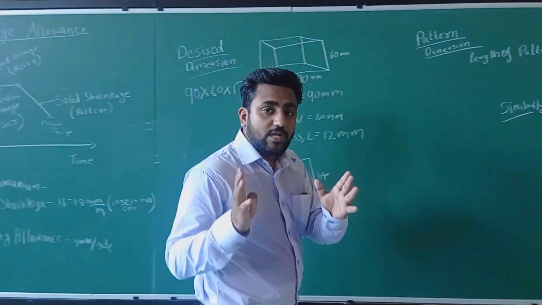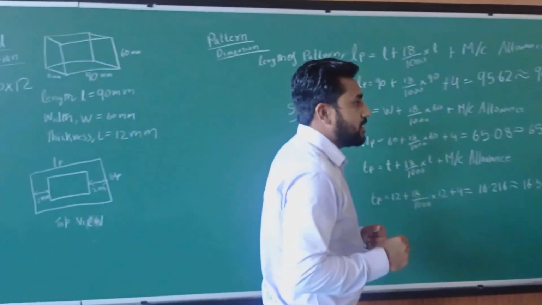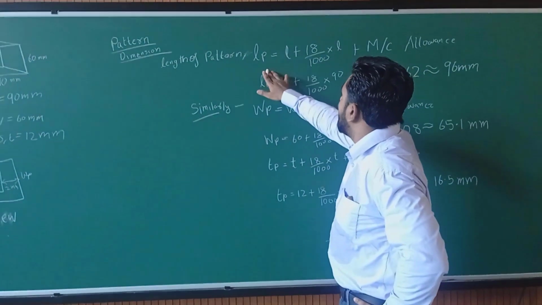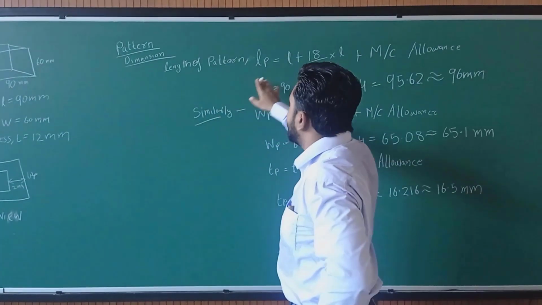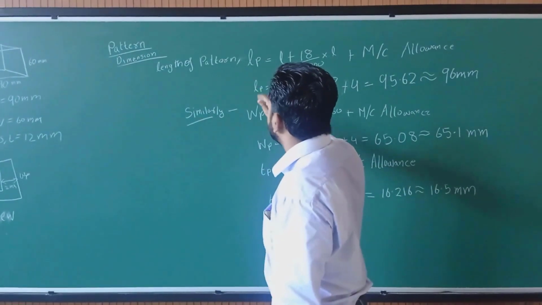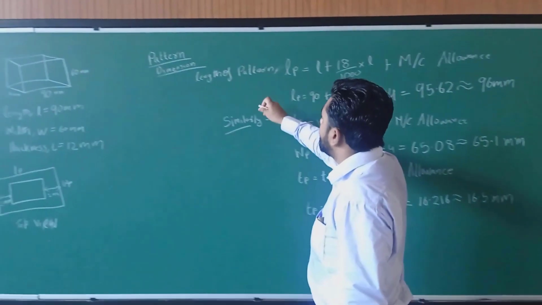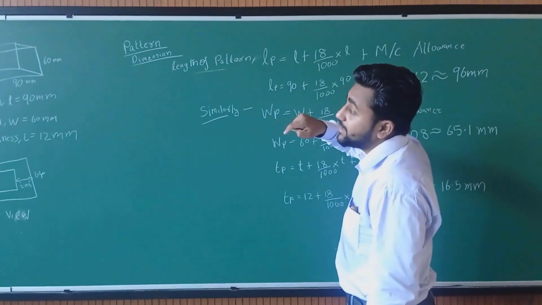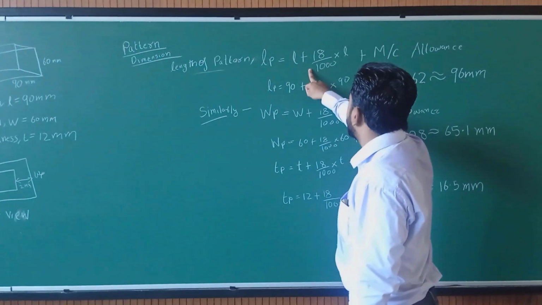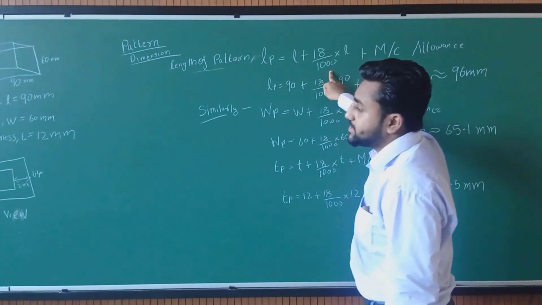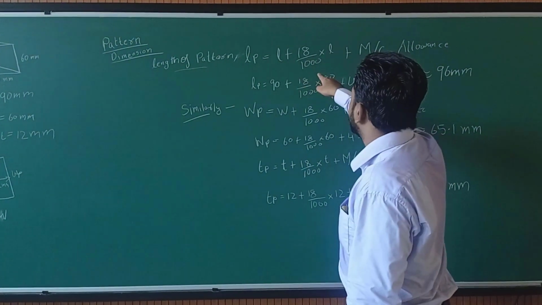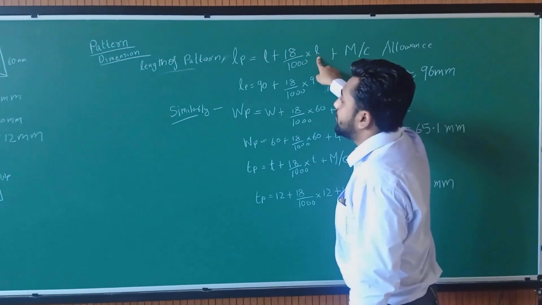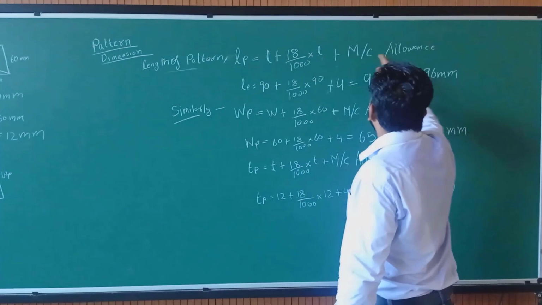Now we will calculate the total dimension of the pattern. Here you can see how we calculate the length, width and thickness of the pattern with this formula. The length of the pattern, LP, will be the desired length plus 18 by 1000, that is the solid shrinkage of aluminium, multiplied by the desired length plus machining allowances.